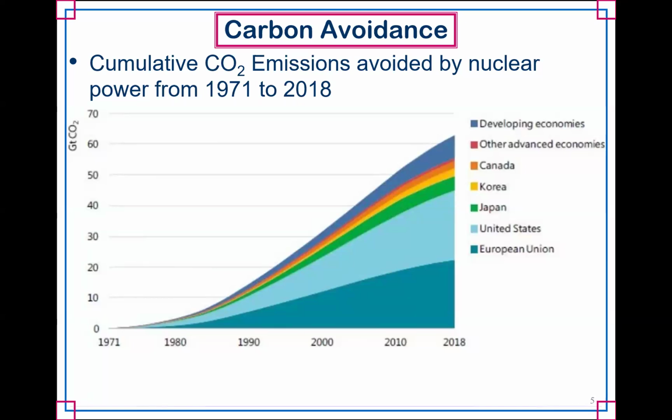And the US for many, many years was one of the leaders in terms of reducing the amount of CO2 as a result, because nuclear used to be very, very common and was a very big source of electricity in the US. Now it's sort of stabilized, and unless some new plants get built, it's probably going to start decreasing. But the reality of it is the US has been a big player.